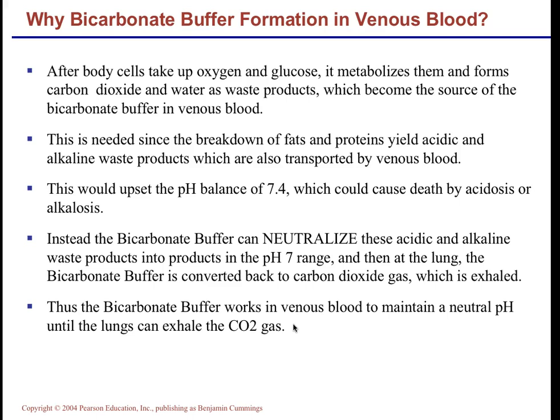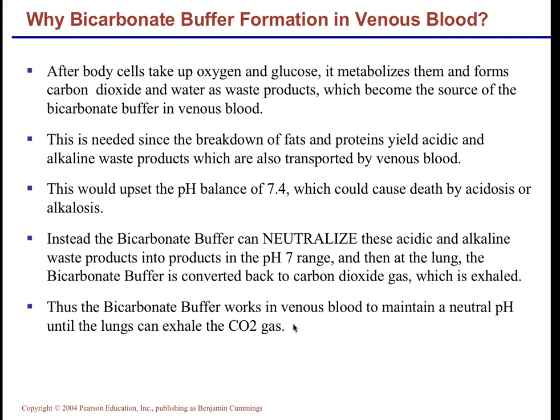It's irreversible. So if the person cannot compensate for the acid waste products, they will then go into acidosis, and if not corrected, a coma and death. So it's essential to be able to neutralize.